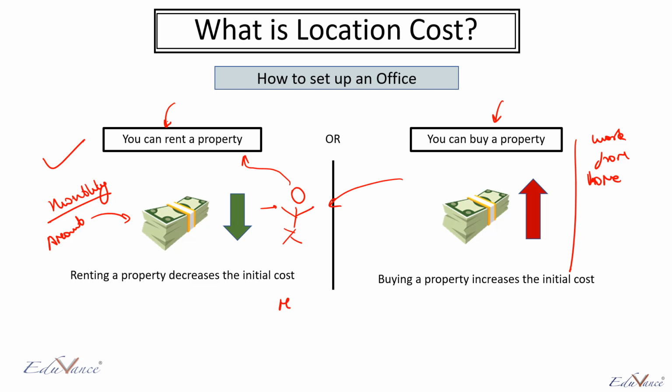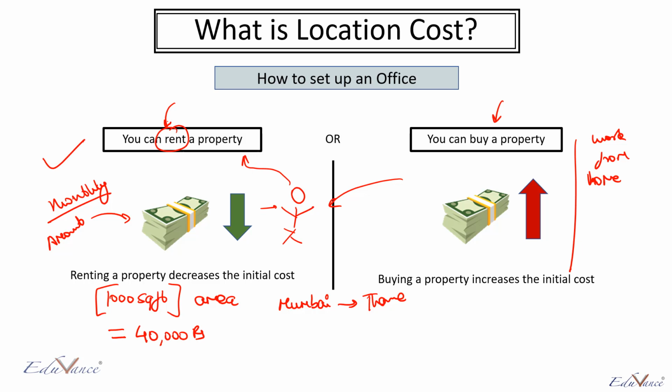Let us say you're in Mumbai. And to be more specific, let us talk about a location in Mumbai called Thane. I'm just giving an example. So if you're in Thane, if you decide to rent a property, then your monthly rental for 1,000 square feet area will be approximately equal to 40,000 rupees.